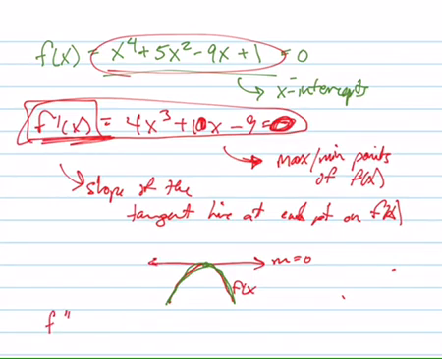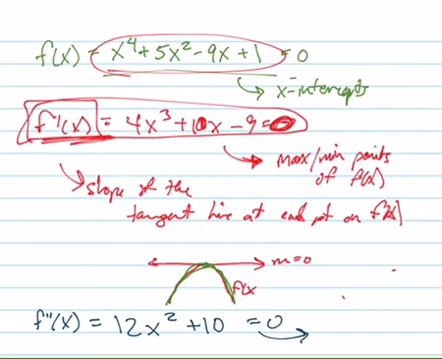If you take the double derivative of that function, f double prime, that equals 12x squared plus 10. Setting the double derivative equal to 0 tells you where you have inflection points of f of x.